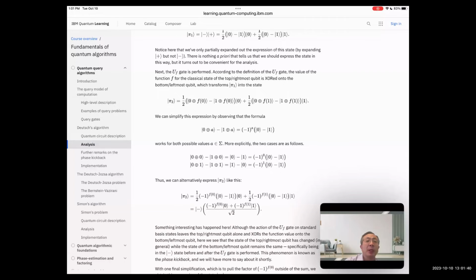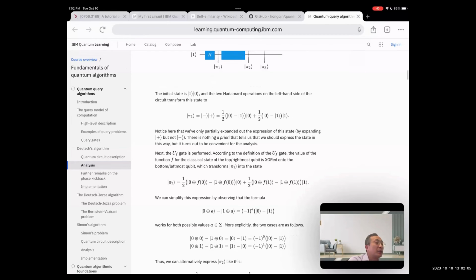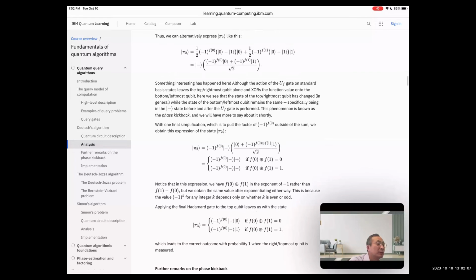By applying this formula on pi 2, we basically have this. So if it's a 0, there's a 1. That basically becomes pi 2, and then we apply the superposition again.